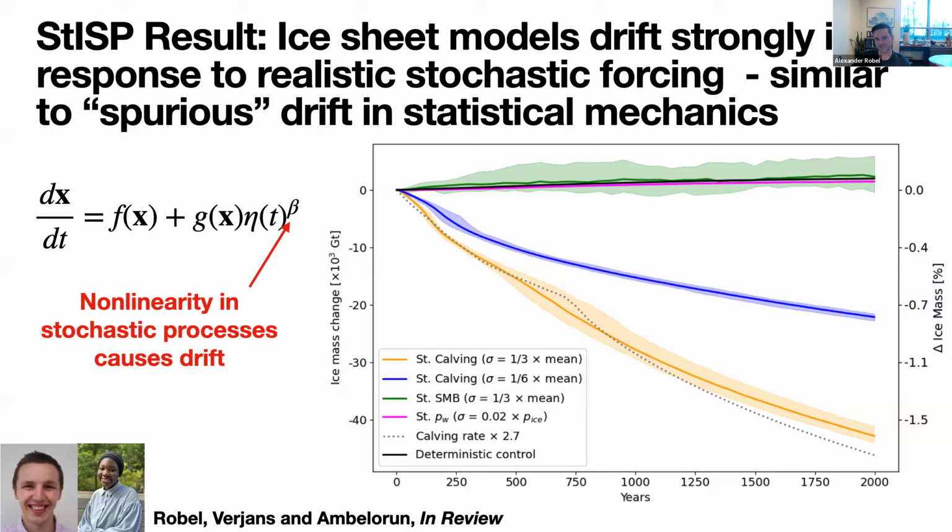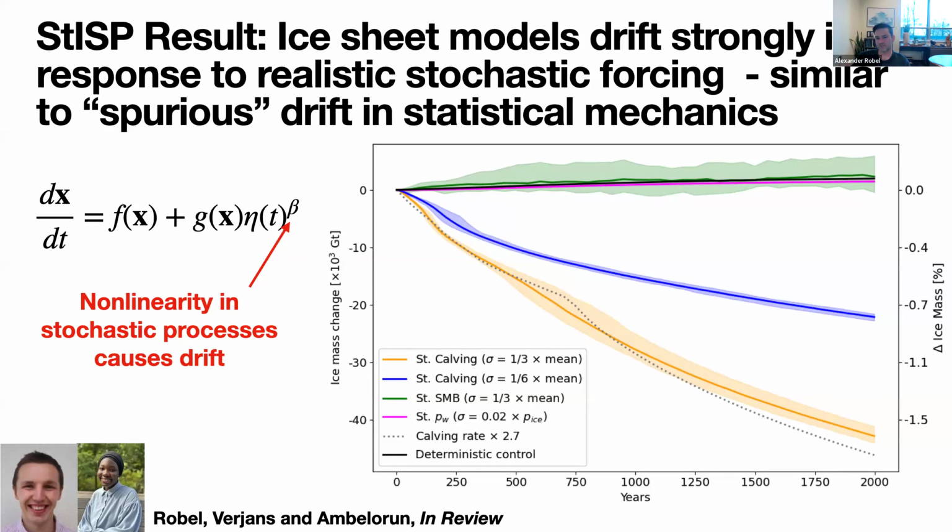But the other thing that's causing drift in the system is the capacity for instability. Basically, if the system can be driven over a threshold of instability, this will lead to randomly driving glaciers over the instability threshold.